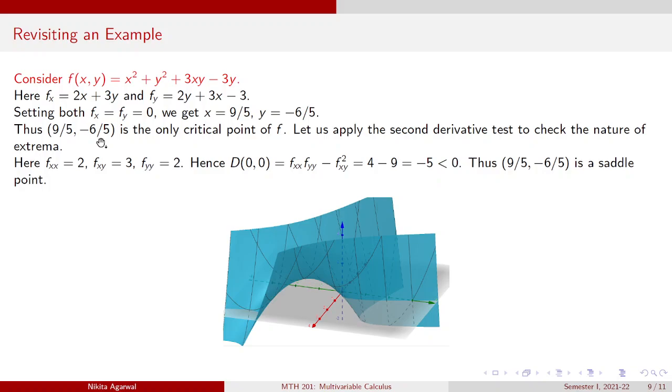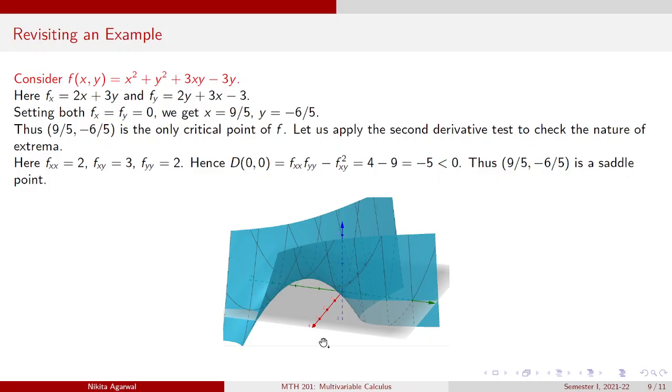And if you compute, I'm sorry, this should not be (0, 0), this should be (9/5, -6/5). So if you compute the determinant of the Hessian matrix at this point, it comes out to be negative and therefore this has to be a saddle point, right?